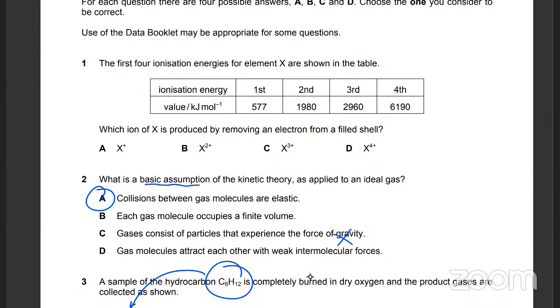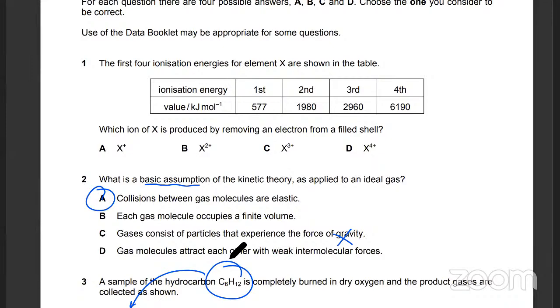He's talking about the basic assumption. Can somebody check? This one is not as applied to an ideal gas. Can somebody just confirm this one, whether you have negligible intermolecular forces.